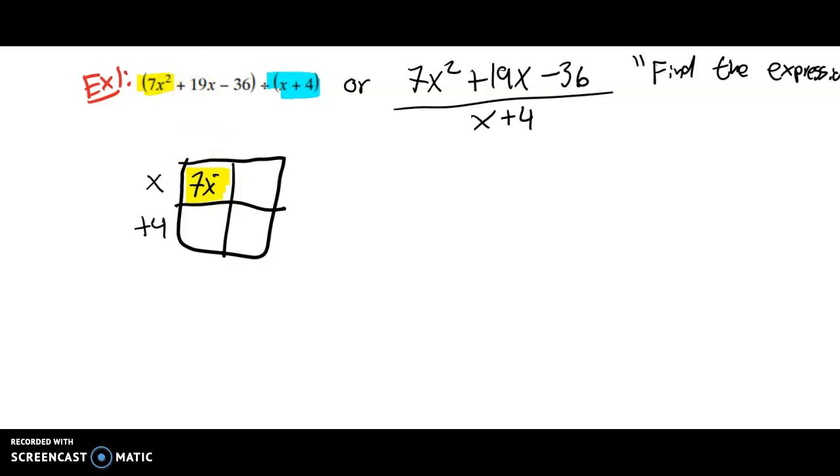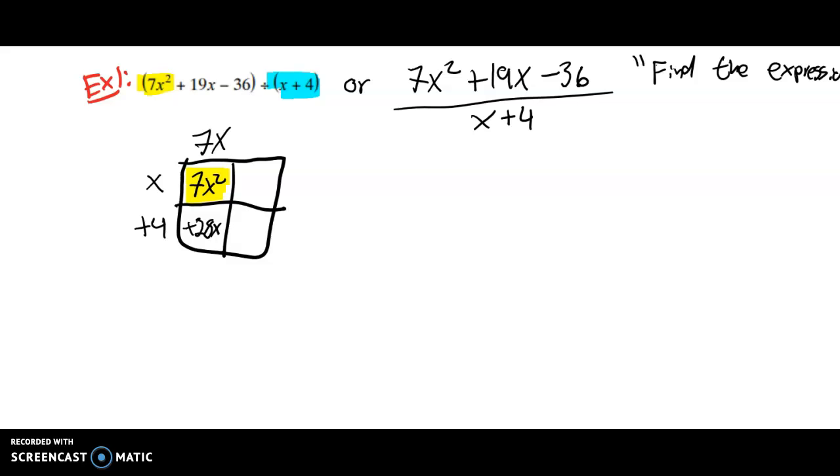Then to divide out, we ask ourselves, x times what is 7x squared? Must be 7x. We're going to multiply this 7x times the 4. I get a positive 28. So division is the opposite of multiplication.